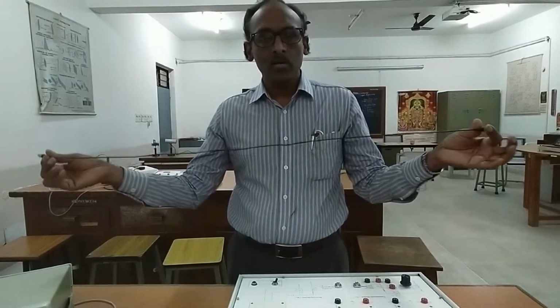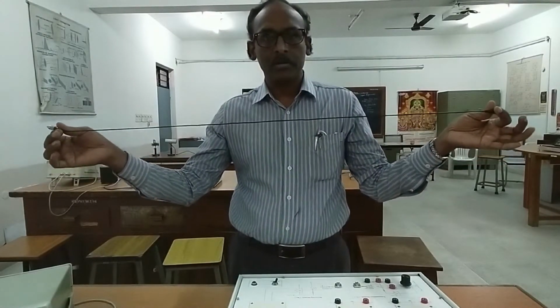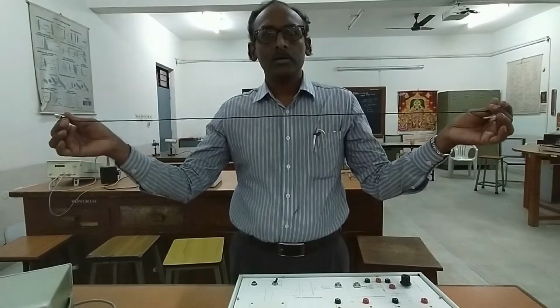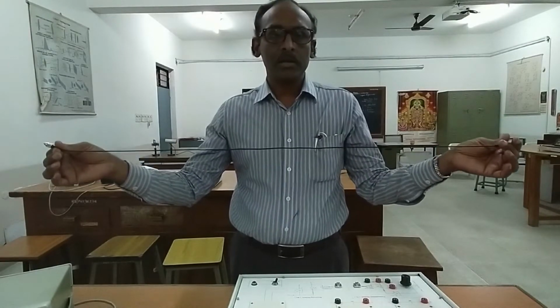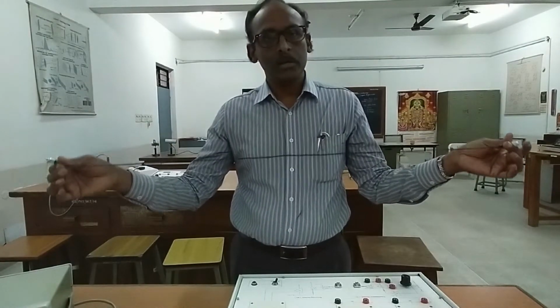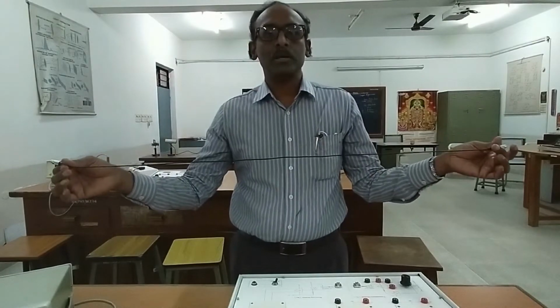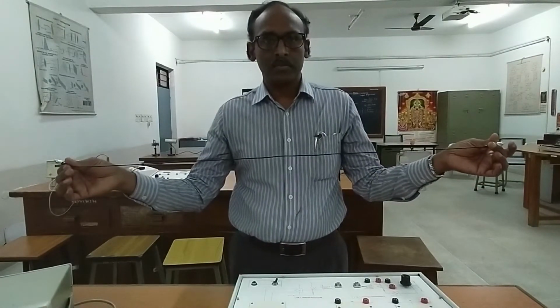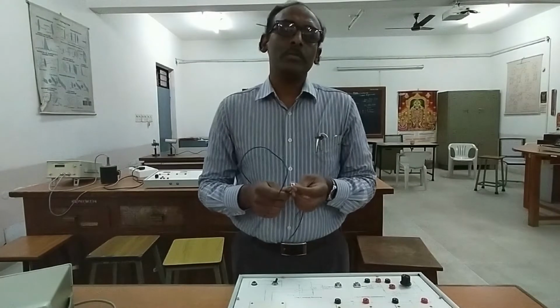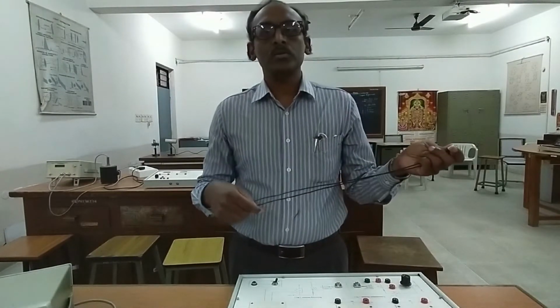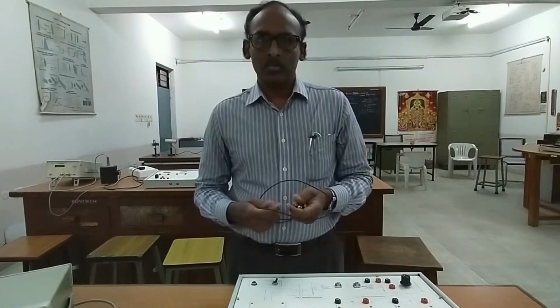Here I am taking a 1 meter optical fiber, and I use this fiber to calculate its parameters, namely the numerical aperture and acceptance angle. But optical fibers are generally made using glass or polymers.